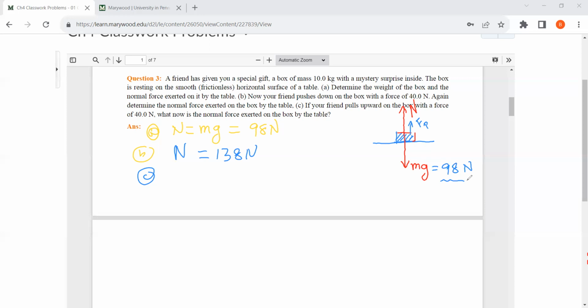But here it is only 40 Newton. Because the upward pulling force is only 40 Newton, it will still be on the table.